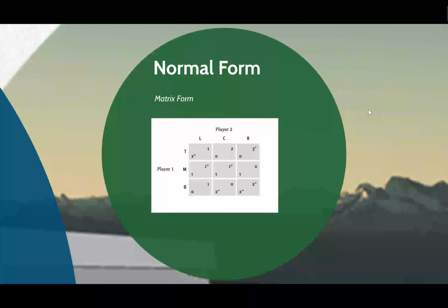In the picture below, we can see that if player 1 plays top and player 2 plays left, player 1 receives 2 and player 2 receives 1 in that cell. The first number represents the payoff to the row player, and the second number represents the payoff to the column player, in this case player 2.